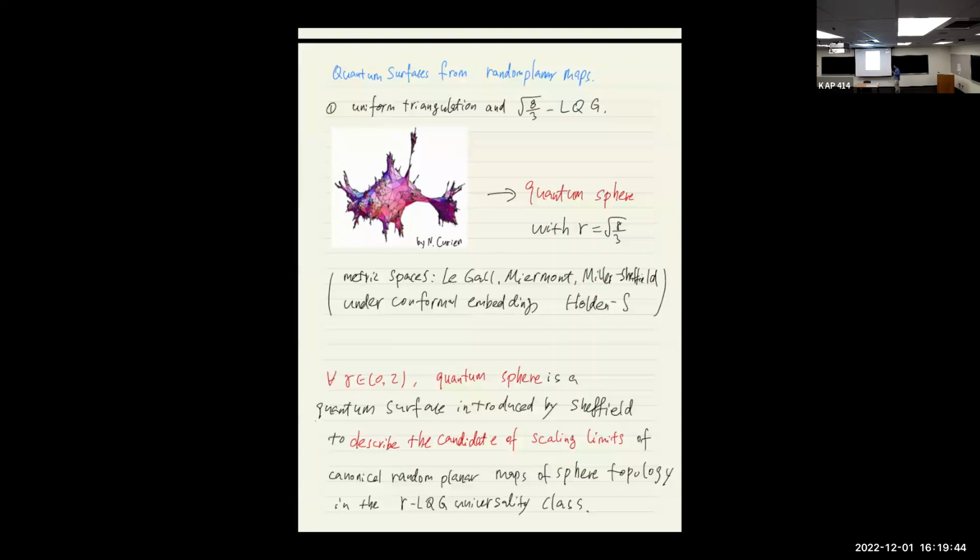And it can be shown that in various senses, this will converge to a random surface, which people call a quantum sphere, with gamma equal to this particular number that I previously mentioned. I will not give the precise definition of quantum sphere. For the purpose of this talk, you can just imagine it's defined as the scaling limit of this uniformly sampled triangulation.